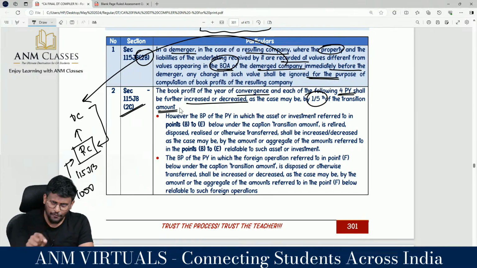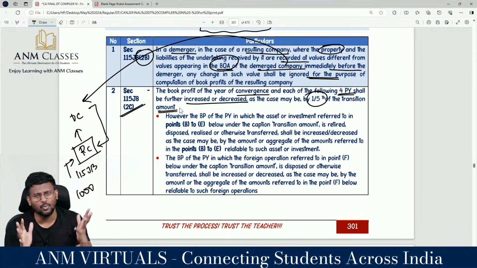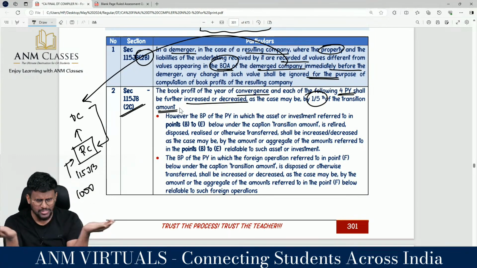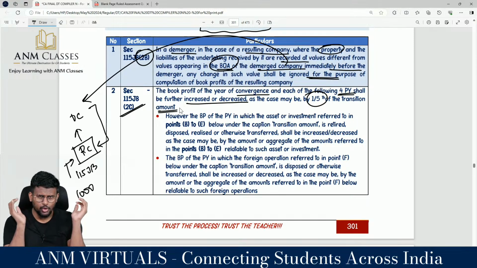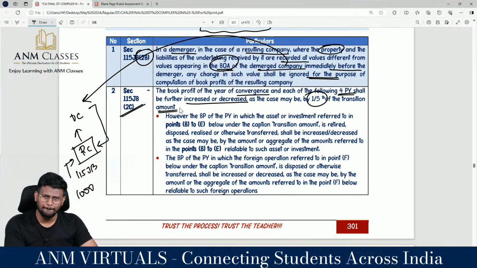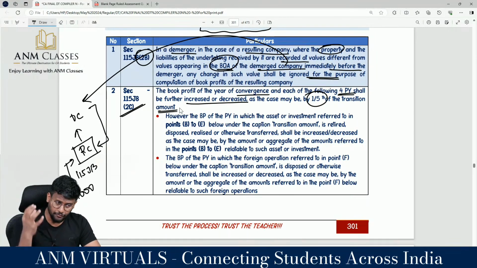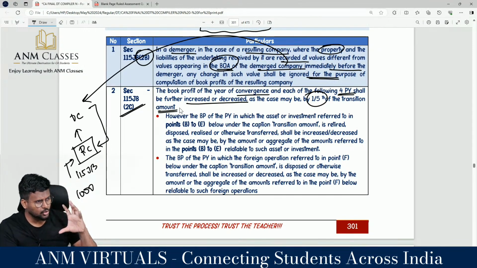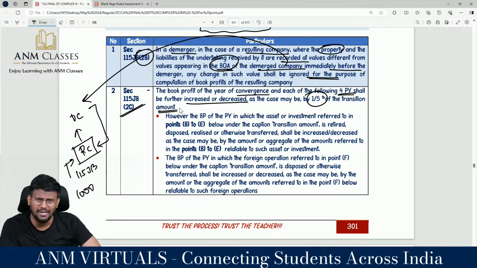So for the year of convergence, I have to make the transitional amount. So I'm bridging two systems. So some huge amount of difference will come. The entire amount of difference, if I am debiting to P&L account for that year, that is year number 1, the year of convergence, or if the huge amount, if I am crediting to P&L account, automatically that year net profit will be increased and I am liable to pay more MAT.